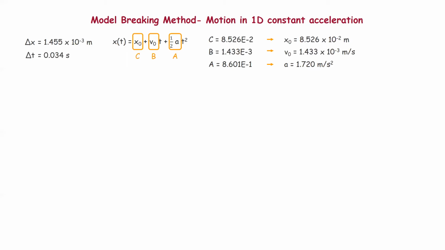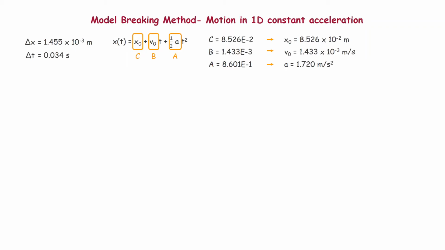So we just figured out the position function of this cart as a function of time by doing this curve fitting. We let Tracker analyze the data, and it found the best fit parabola for our data and calculated all the values.